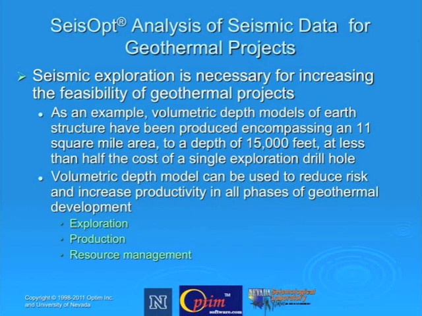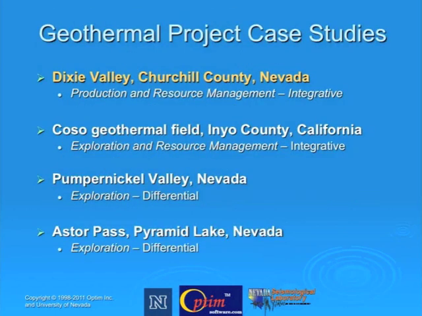All right, so these volumetric SeisOpt models, the integrative part, we can use them to reduce risk directly, even before the Kirchhoff imaging. We can still use them to reduce the risk and increase the productivity in all three phases of geothermal development: exploration, production, and the management of the reservoir. So I'm going to show you several case studies. We're going to look at Dixie Valley, just a couple hours east of here.